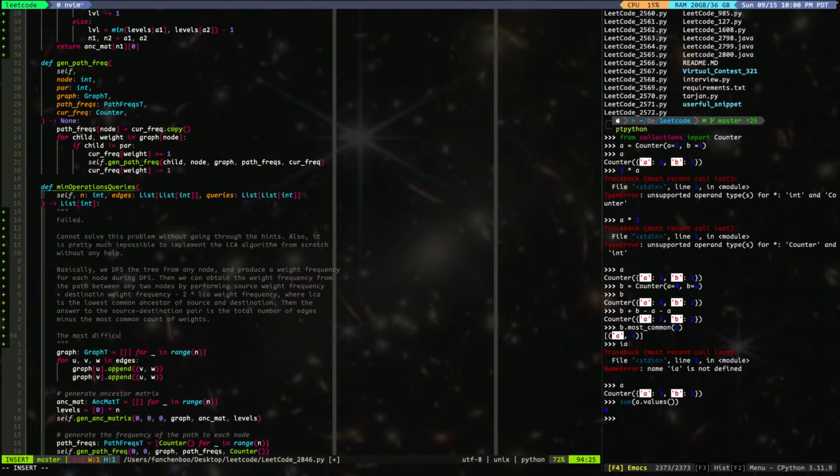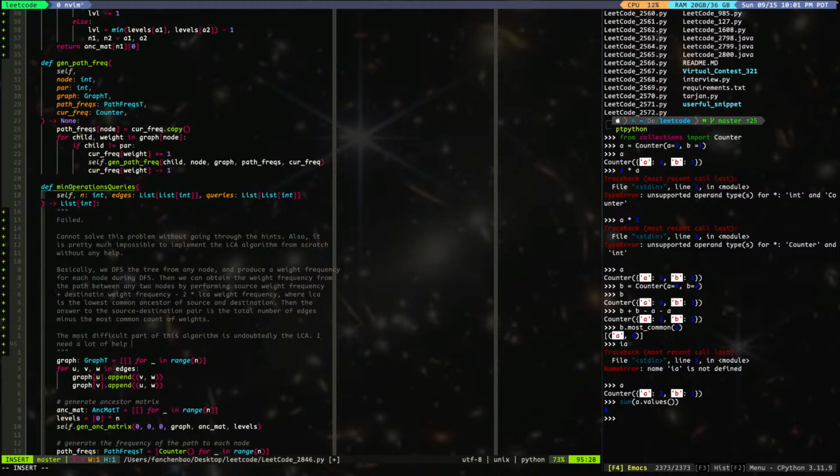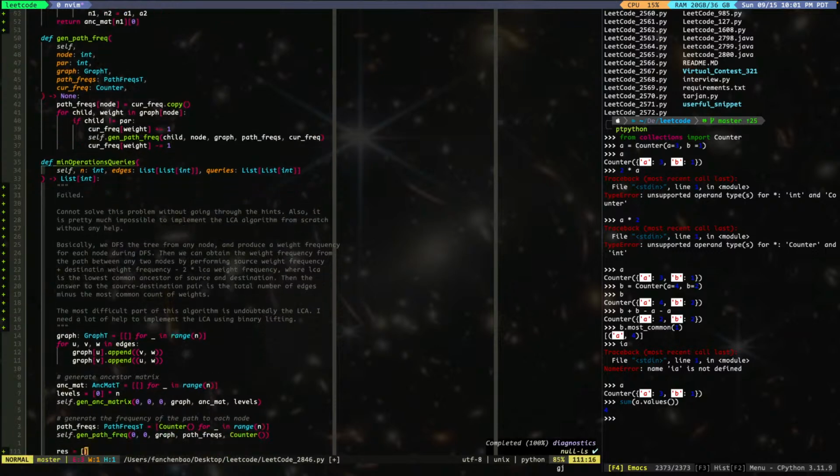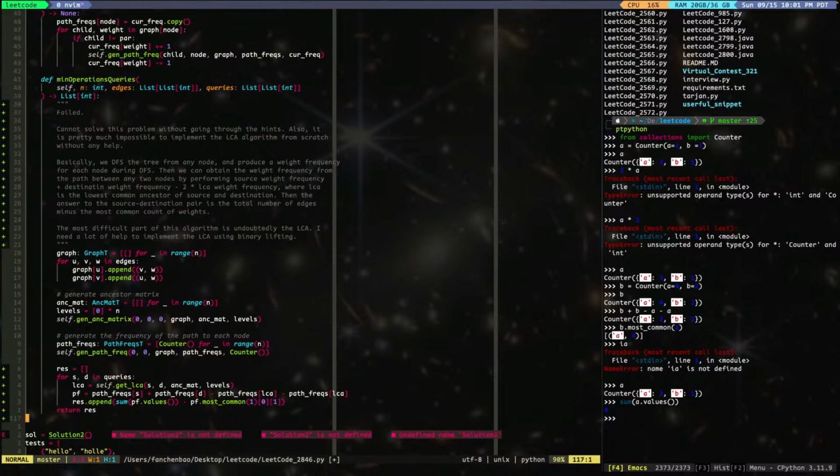The most difficult part of this algorithm is undoubtedly the LCA. And I need a lot of help to implement the LCA using binary lifting. So path frequency shall be weight frequency, right?